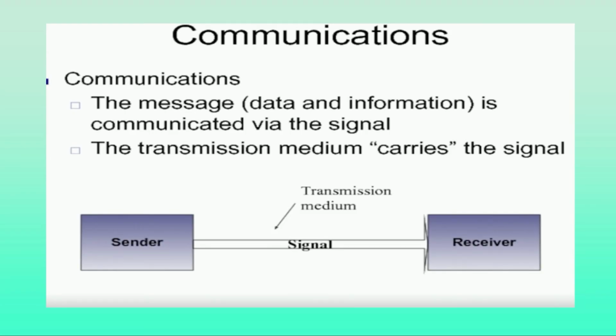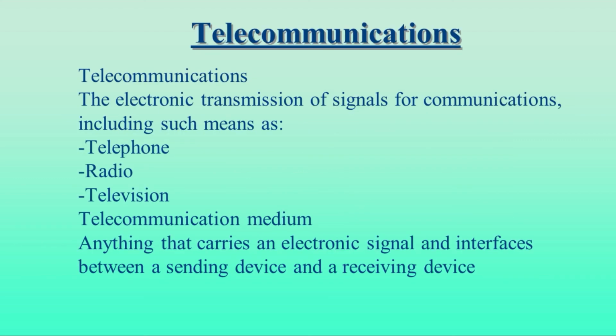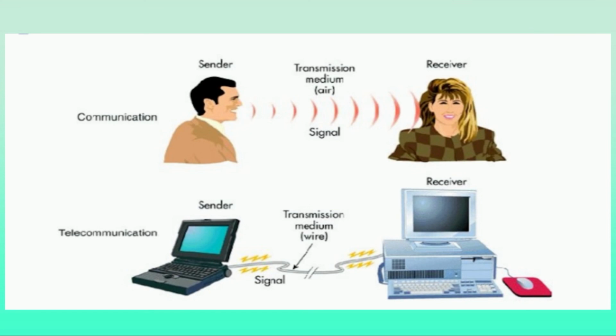Here you can see how all of the information is communicated in the internet, the transmission of data from one computer to another, and telecommunications. You can see here the pictures of how we use communication and networks.